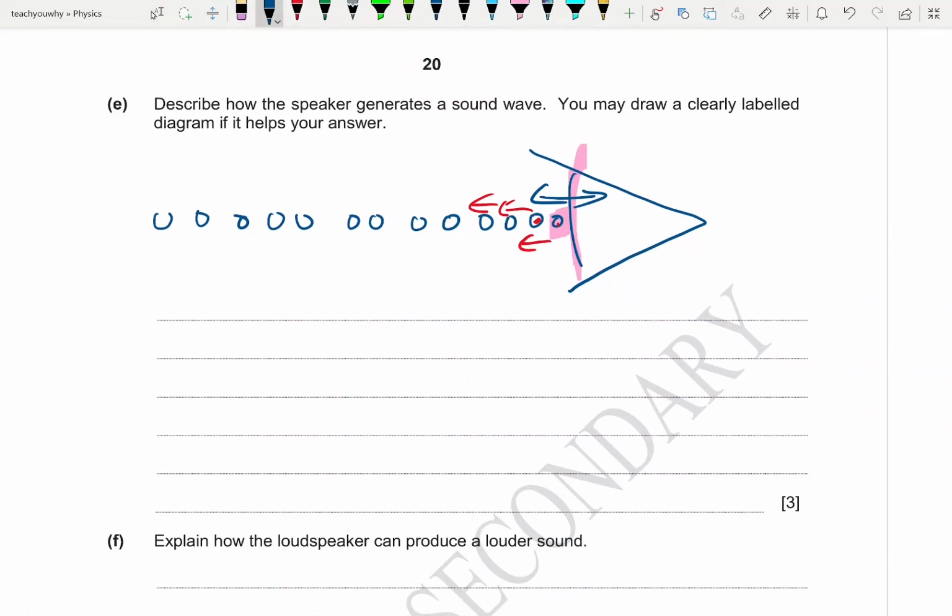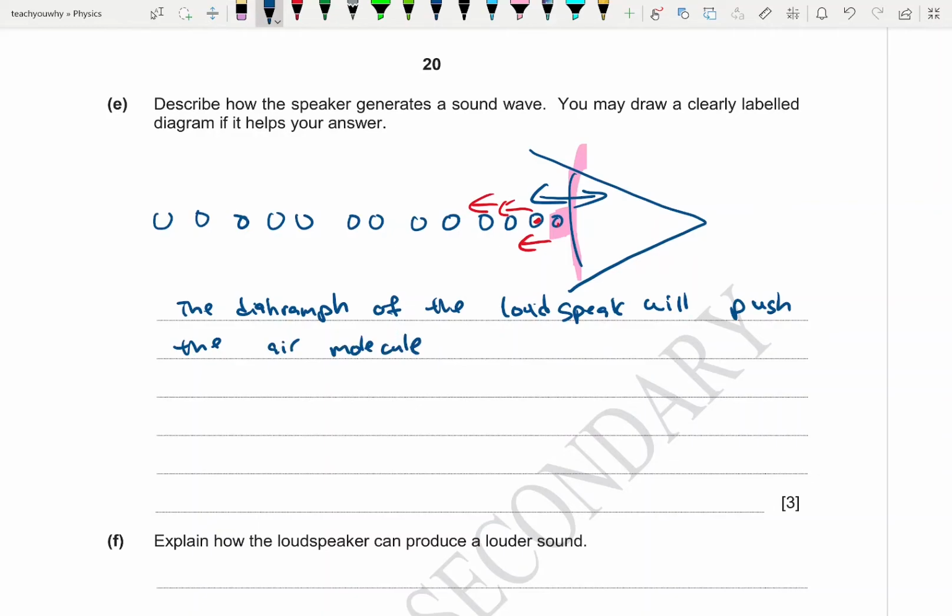So to answer this, the diaphragm of the loudspeaker will push the air molecules as it vibrates. Okay.